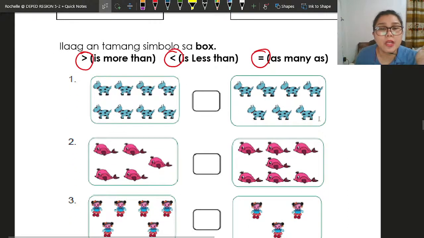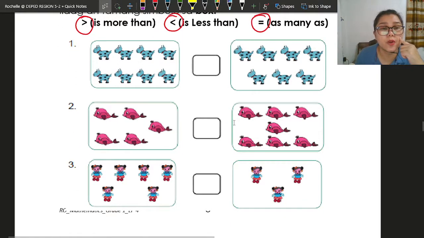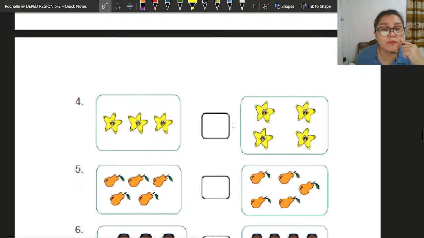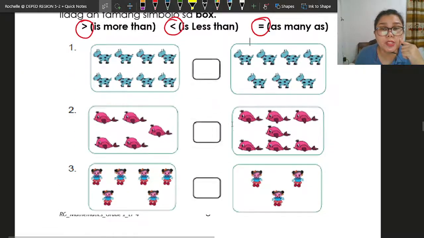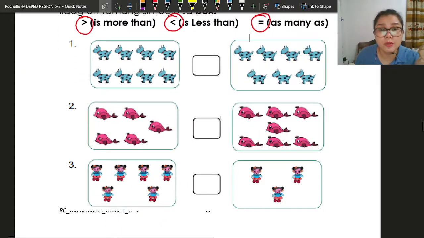And then after you count each set, then you put the correct symbol on the box in between. So that is for number 1 until number 5. Oh, sorry, number 6. If the pictures are not clear, pause nyo to, pause this page, pause this part para makita nyo.